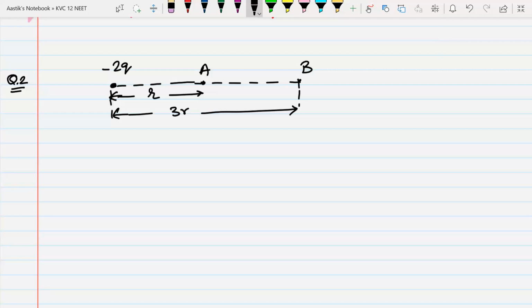Sir, electric field at point A is minus 2 kq by r square. What do you mean by minus? You have forgotten how to find out the electric field? Not a good sign.